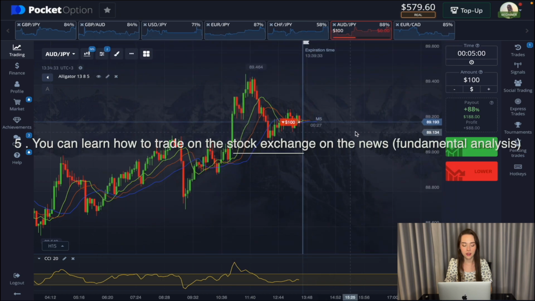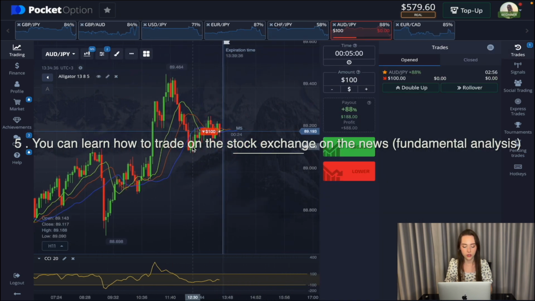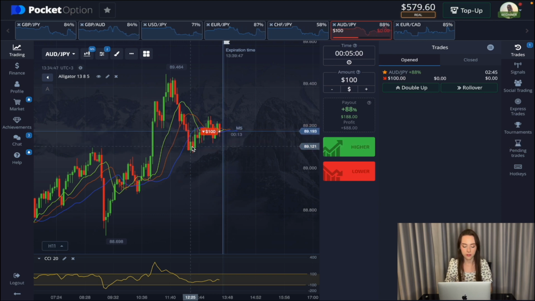Okay, and the fifth one is that you can learn how to trade on the stock exchange on the news. Also, it's called fundamental analysis. The fundamental factor must be taken into account, but it's not the basis of a profitable trading strategy.